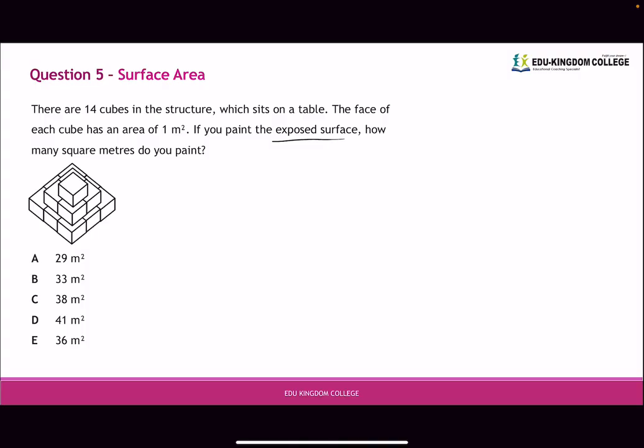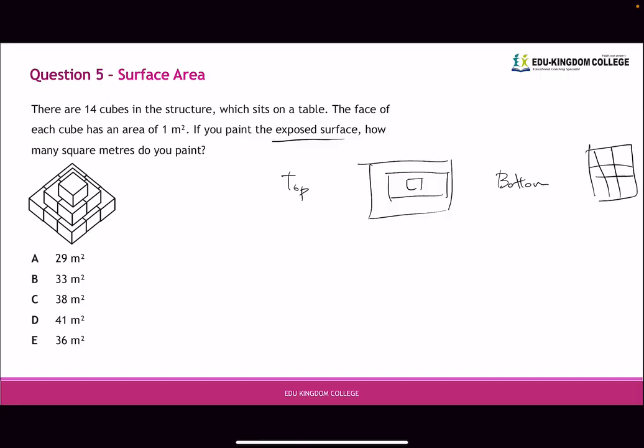So let's take a look at the top first. If you look at the top, you should see something like this. Okay, not the best diagram, but you get what I'm trying to do. And although it's a little bit confusing, if we want to compare it with the bottom, it's going to look like this. Okay, 9 squares.